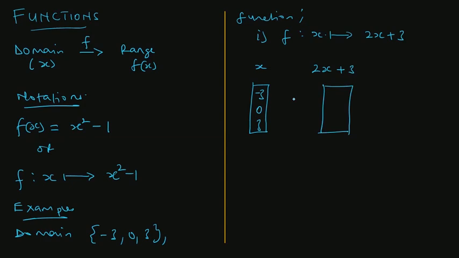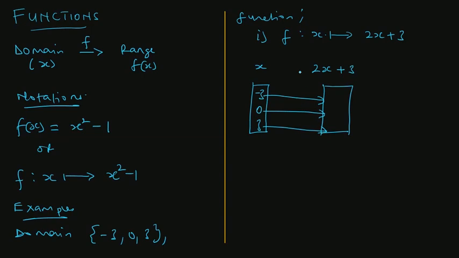Whatever we get corresponding, like when we feed x equals -3 in this, what we get, we shall put it here. Same for 0 and for 3. This set is what we shall call the domain.